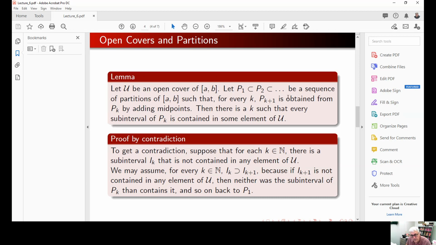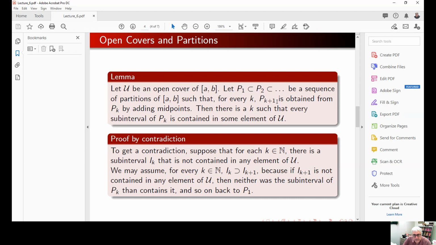Each partition refines the previous ones, and each partition is made from the previous one by adding the midpoints. We're chopping these up. Each of the intervals is half as long as the previous ones.